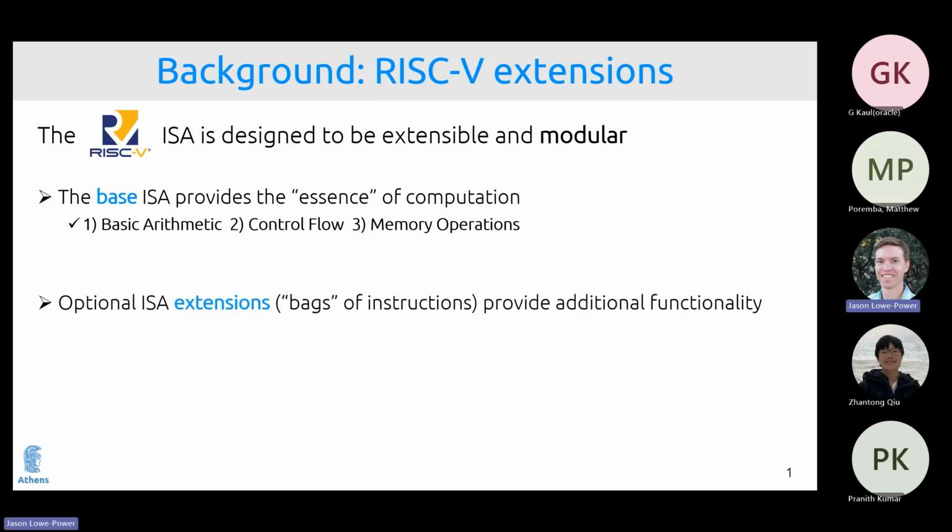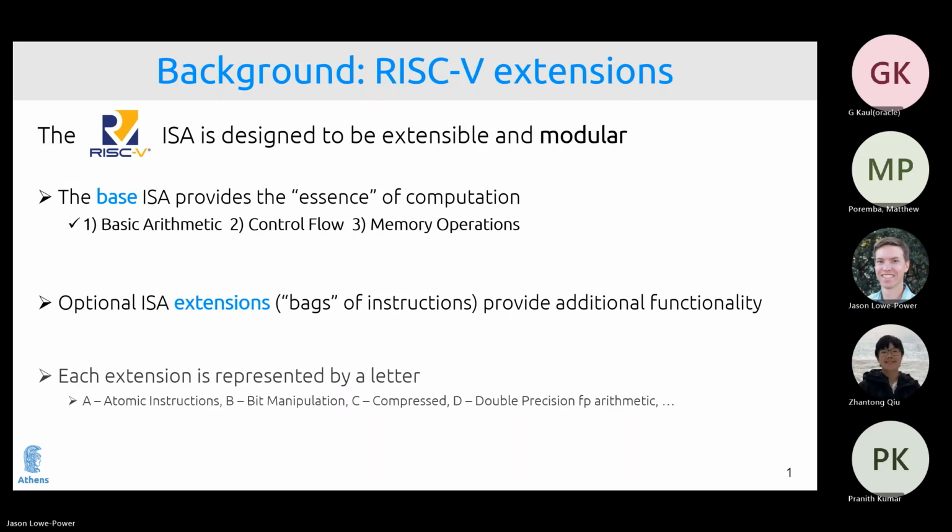And then if you want something more out of your processor, if you want specialized instructions, you have to opt into ISA extensions, which are bags of semantically similar or domain-specific instructions that provide you with additional functionality. And each extension is represented by a capital English letter. So you have the A extension for atomic instructions, you have the B extension for bit manipulation instructions.